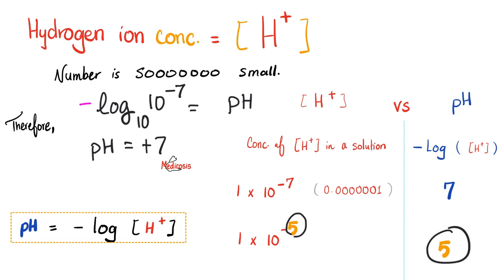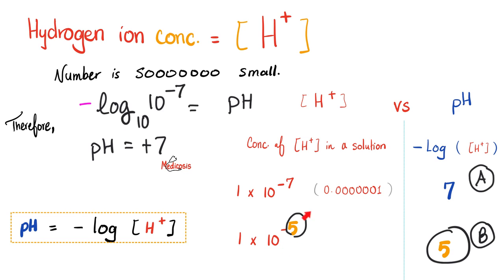If I give you two solutions, solution A has a pH of 7, which is neutral, and solution B has a pH of 5, which is acidic, the novice, mediocre, amateur student will say, oh, solution B is just slightly more acidic than A, I mean the hydrogen ion concentration is just slightly higher than A. No, that's not true.